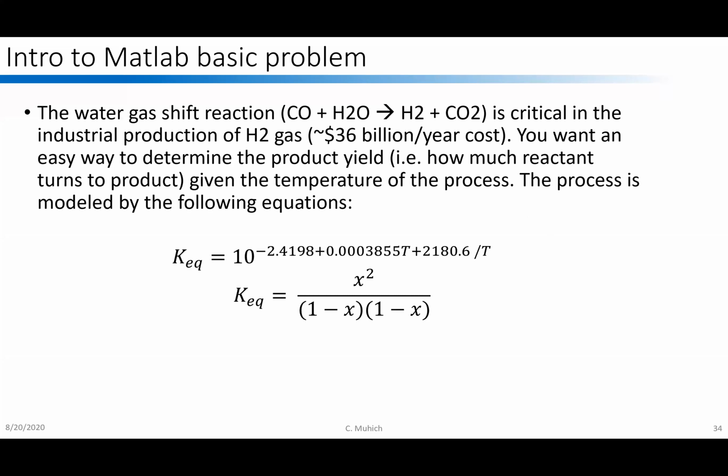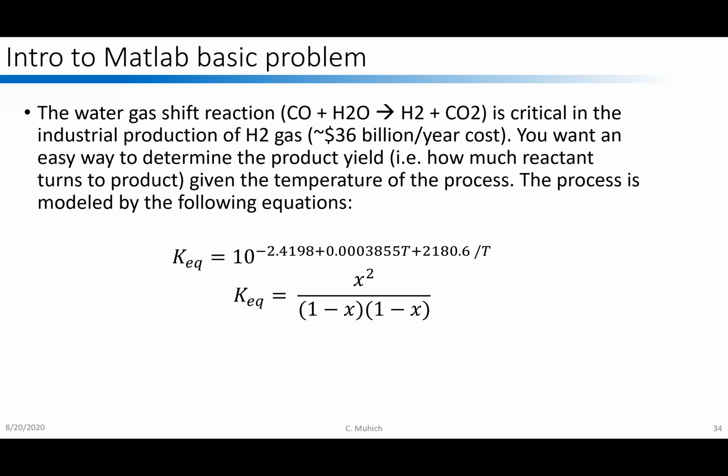This is where we take carbon monoxide plus water, and we react these, essentially moving the oxygen from the water to the CO to form H2 and CO2. This is critical in the production of fertilizers, fuels, and will become more important as we continue on towards the hydrogen economy.